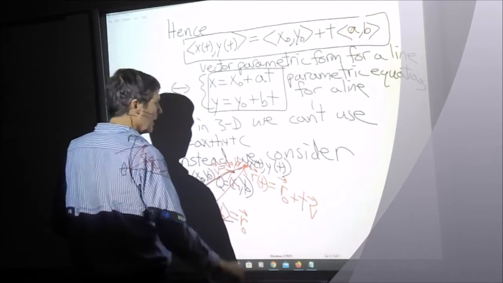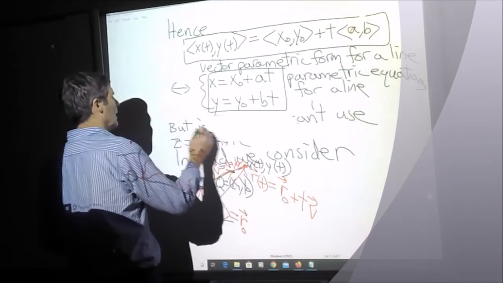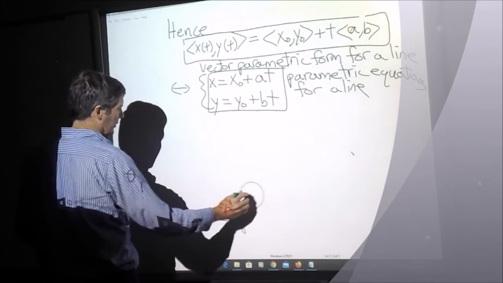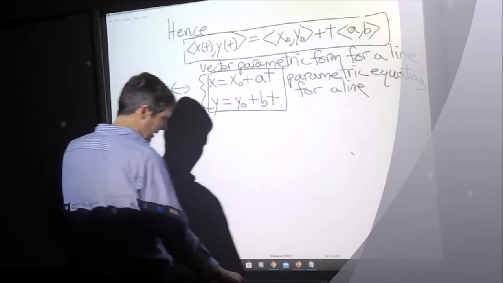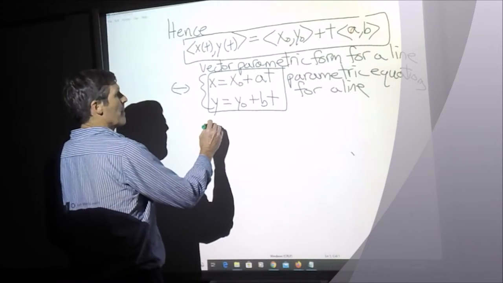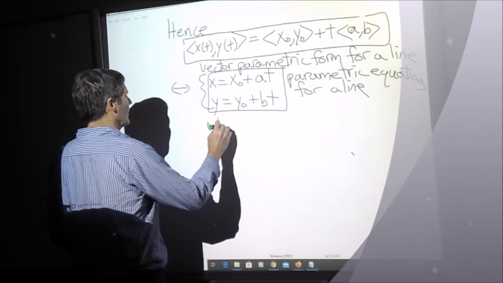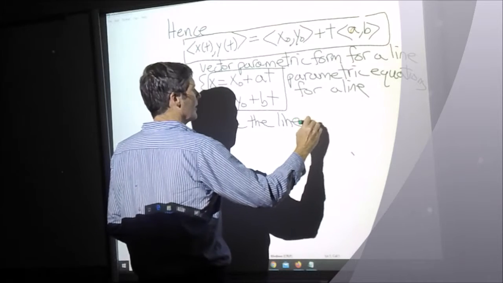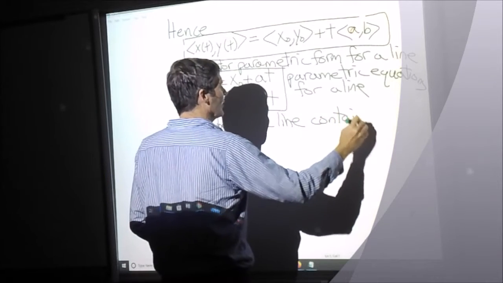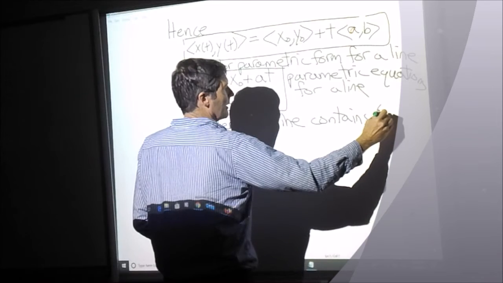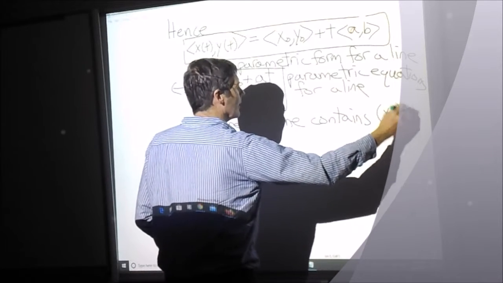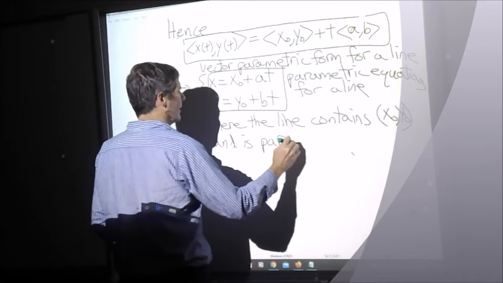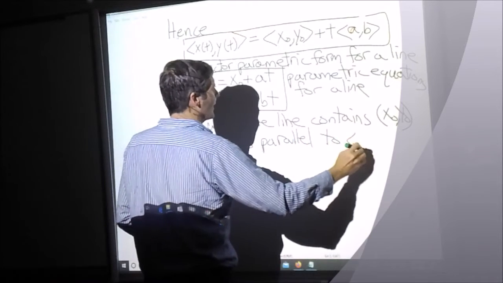Well, it's the line through x0, y0 going in the direction of a, b, so we'll just call it that. It's the line that contains x0, y0 and is parallel to a, b.